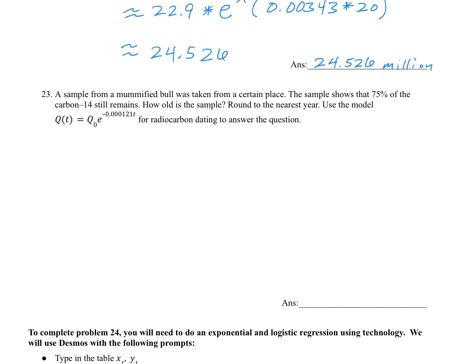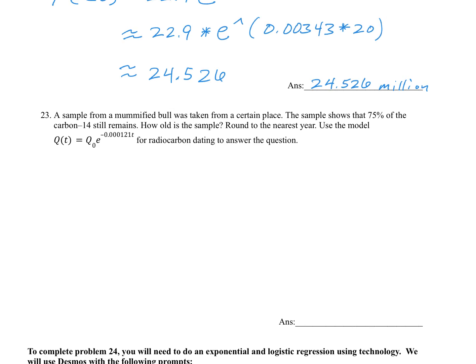All right, now let's move on to number 23. In problem 23, we have radioactive decay, which is kind of the same thing as carbon dating, because the carbon is changing from one form to another. So in this problem, they tell us that we want to have 75% of what we started with remaining.